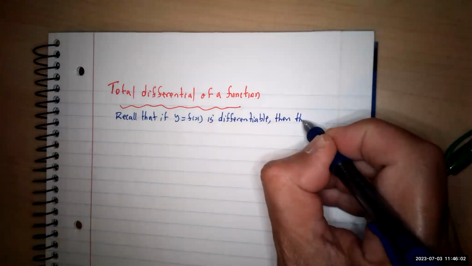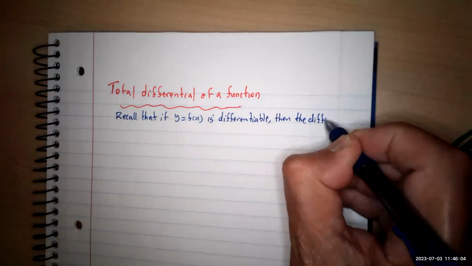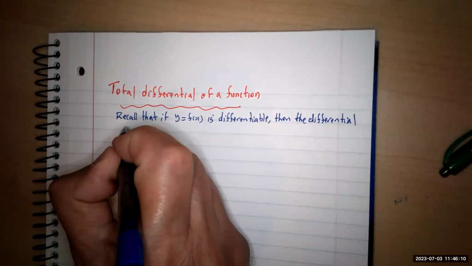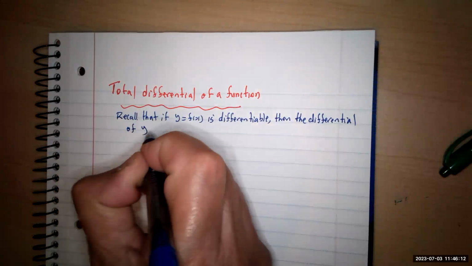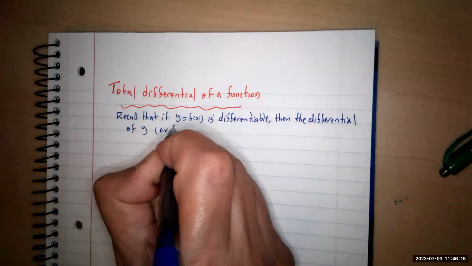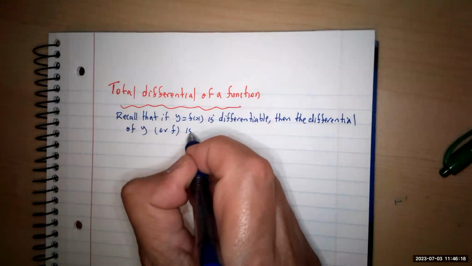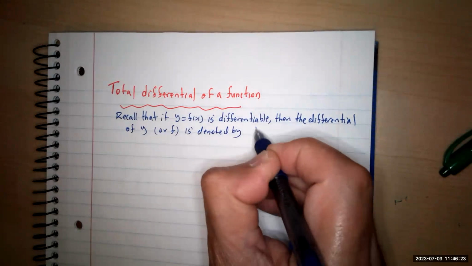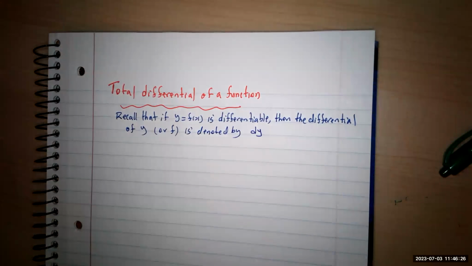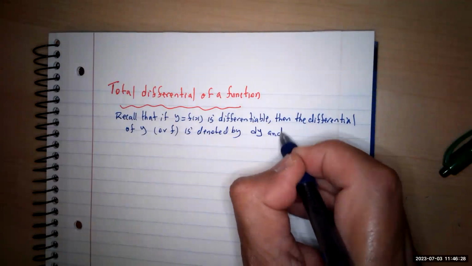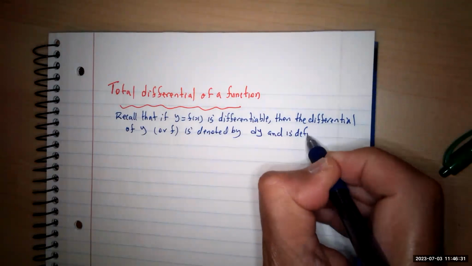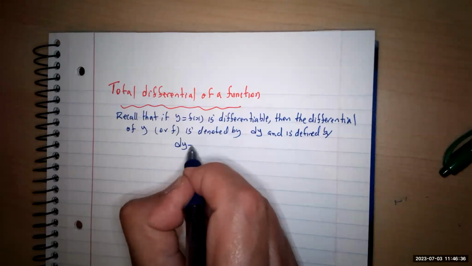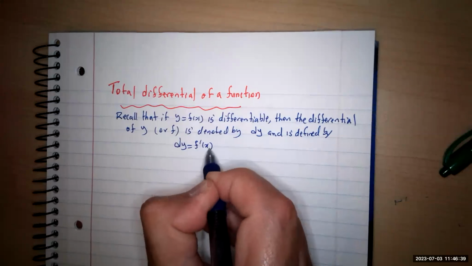Then the differential of the variable y, or of f, doesn't matter, remember, is denoted by dy, differential of y, and is defined by this: differential of y is simply derivative of f times dx.